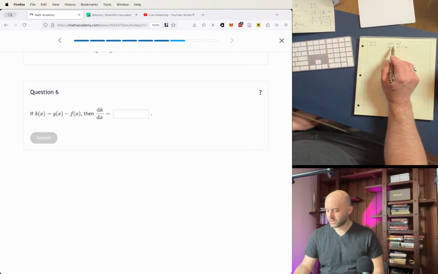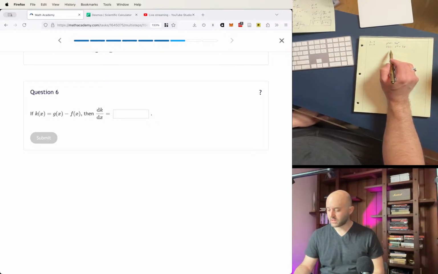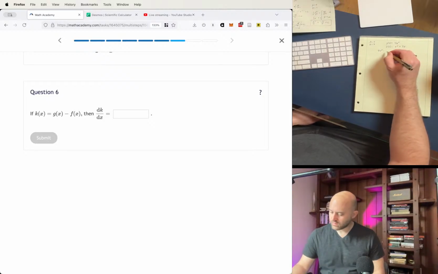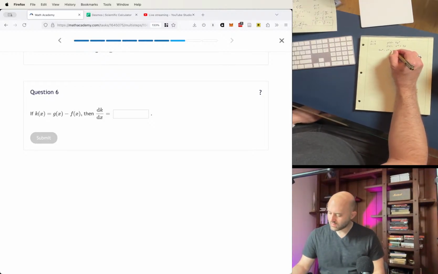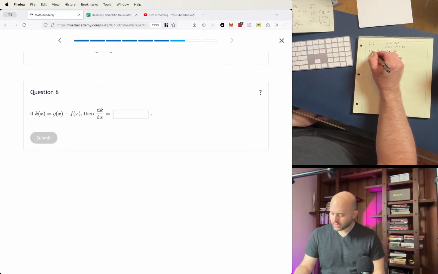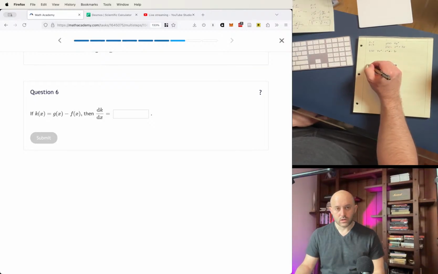So let's see here, g of x minus f of x is k of x, and we're looking for dk dx.